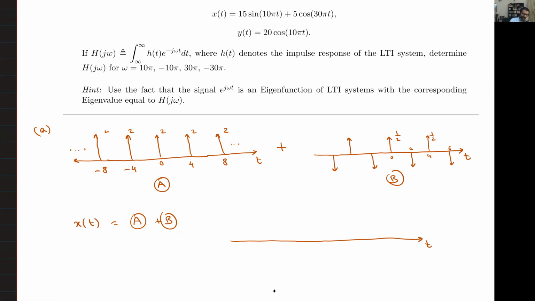At 0, what will the height of the impulse be? At time t equals 0, there's going to be an impulse which is 2.5. Excellent, right? So this is 2.5, and then at time t equals 2, this would be minus 0.5, and then at time t equals 4, this would be 2.5, and so on and so forth.